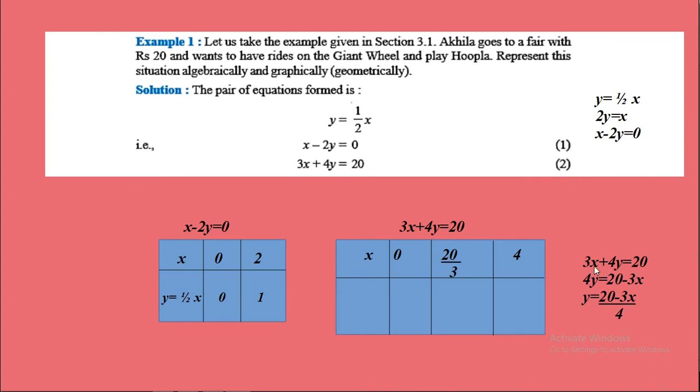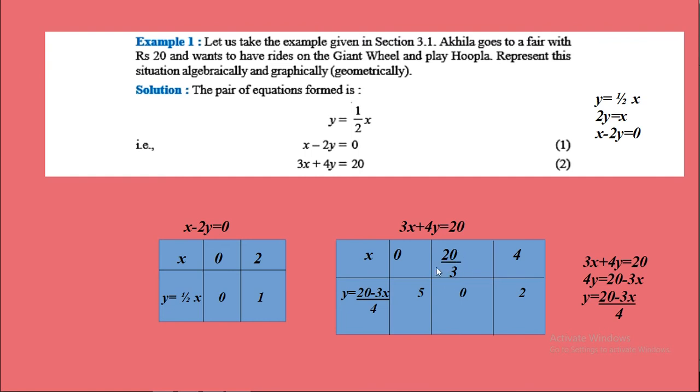That is, when taking 3x to this side, we get 20 minus 3x, and then y will be equal to (20 minus 3x) by 4. So we have y equal to (20 minus 3x) by 4, and when giving the value of x here, when x equal to 0, then 3 into 0 is 0, so we will have 20 by 4, that is equal to 5.